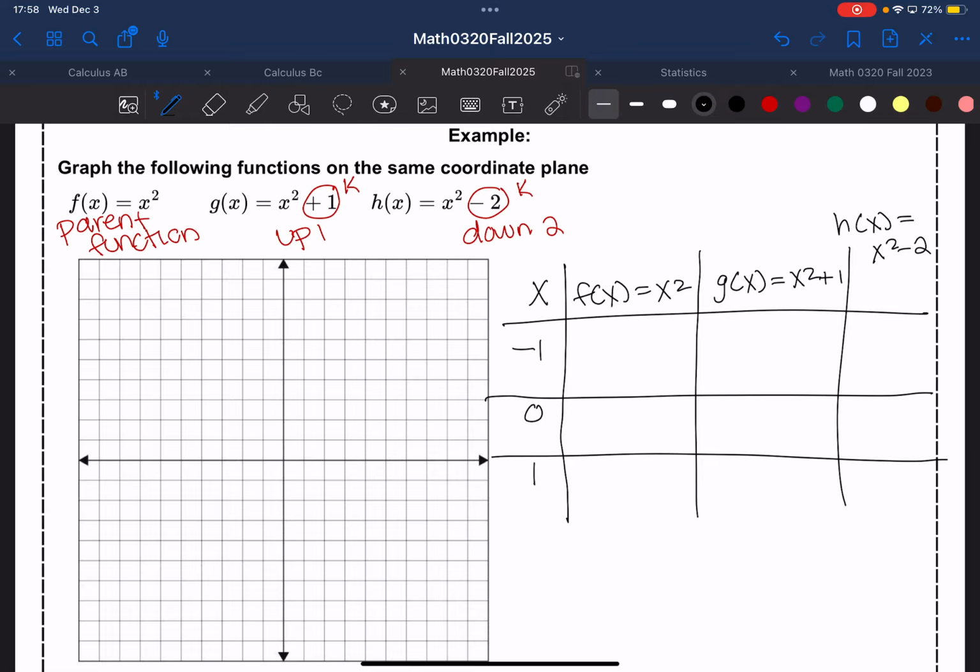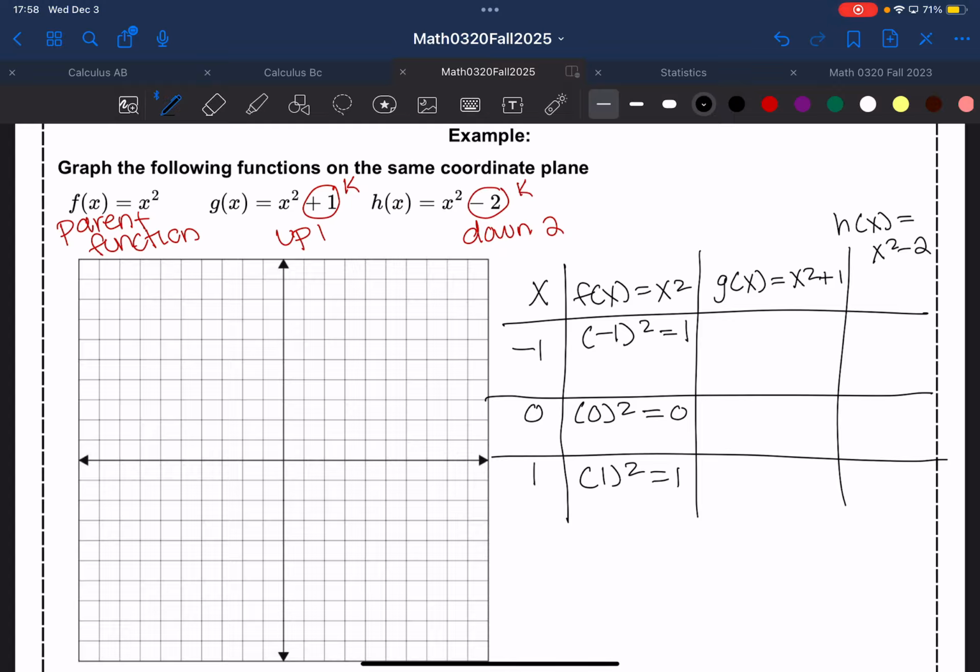So what I'm going to do is replace the x with each of those numbers. So I have -1 squared, which is 1. 0 squared is 0, and 1 squared is 1. And I'm doing that for every single one. So those are my values for f of x.